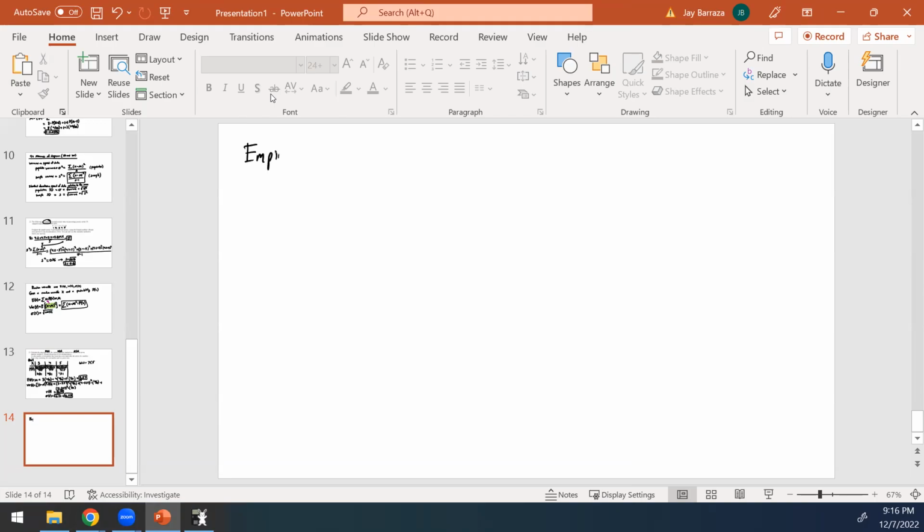So the empirical rule versus Chebyshev. Is it Chebyshev or Chebyshev? I always mispronounce it. Okay. When you're talking about empirical versus Chebyshev, really what you're thinking about is where the data lies in terms of how many standard deviations.